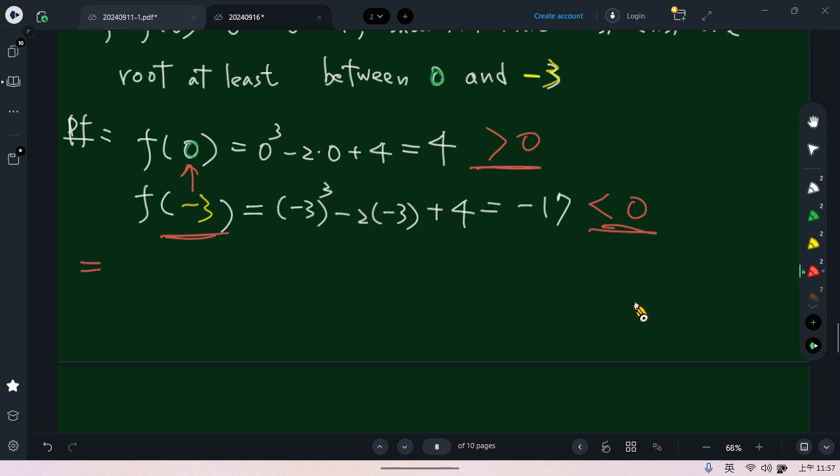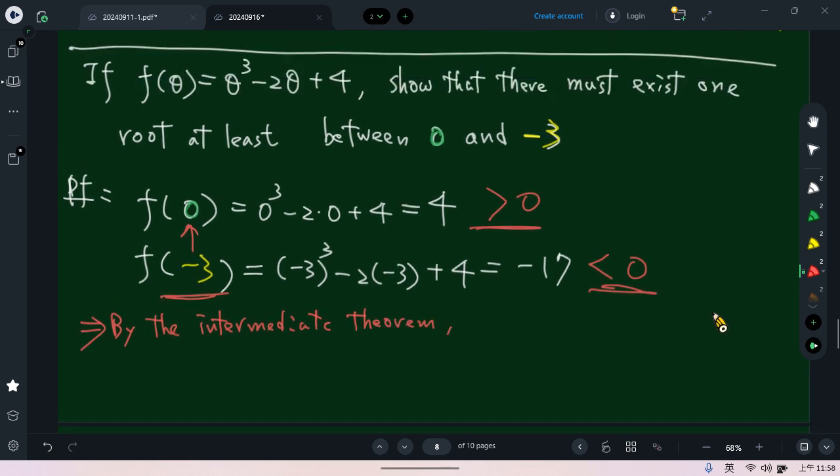So by the intermediate value theorem, because this is a continuous function, f of theta cubed minus 2 theta plus 4 is a continuous function.